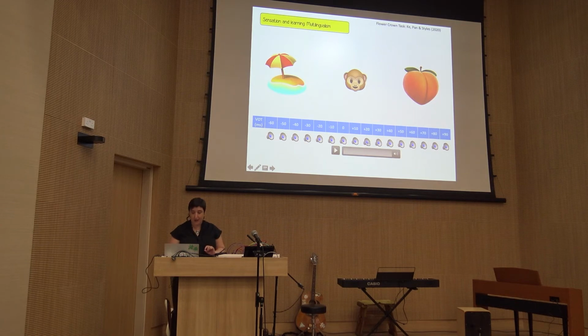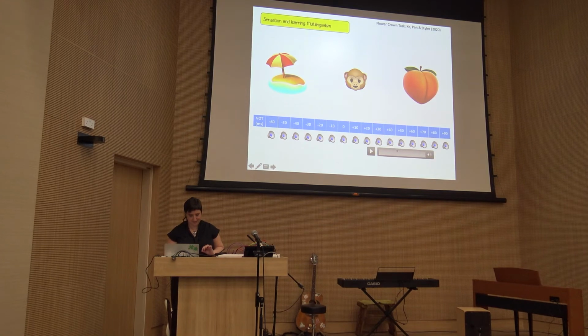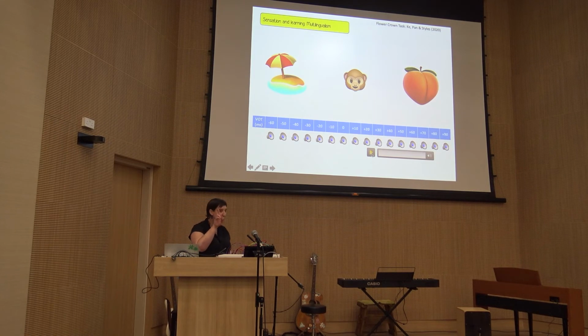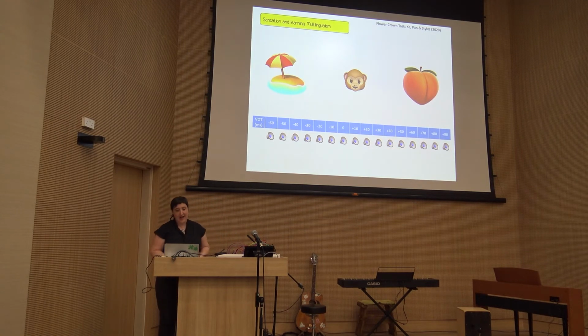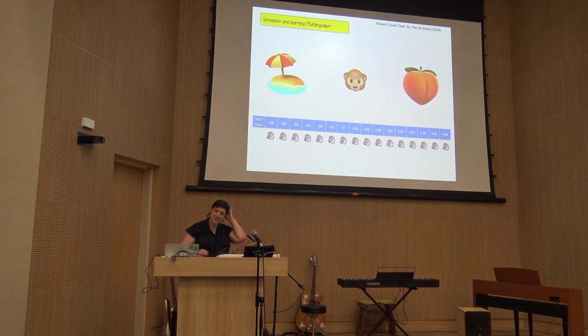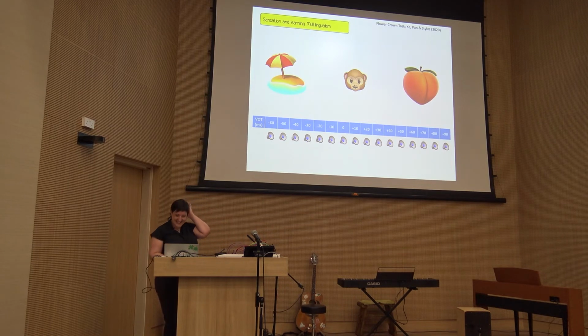In between, we have a lot of very finely grained tokens that differ by just a tiny bit, 10 milliseconds in the timing of two acoustic events. And when we give people a task like this and ask them about 160 times whether the monkey should go to the beach or eat a peach, what we can do is map out a psychometric function that models for us what their perception looks like.